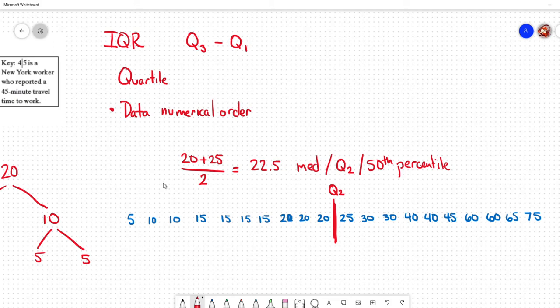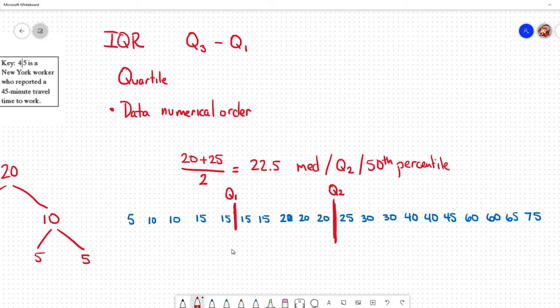Now I'm going to take these 10 data points and split them in half because I want to find out where Q1 and Q3 are. 1, 2, 3, 4, 5. So right here would be Q1. Again, there is no actual middle number to point at, but lucky for us it's between the same two numbers, 15 on this side, 15 on this side.